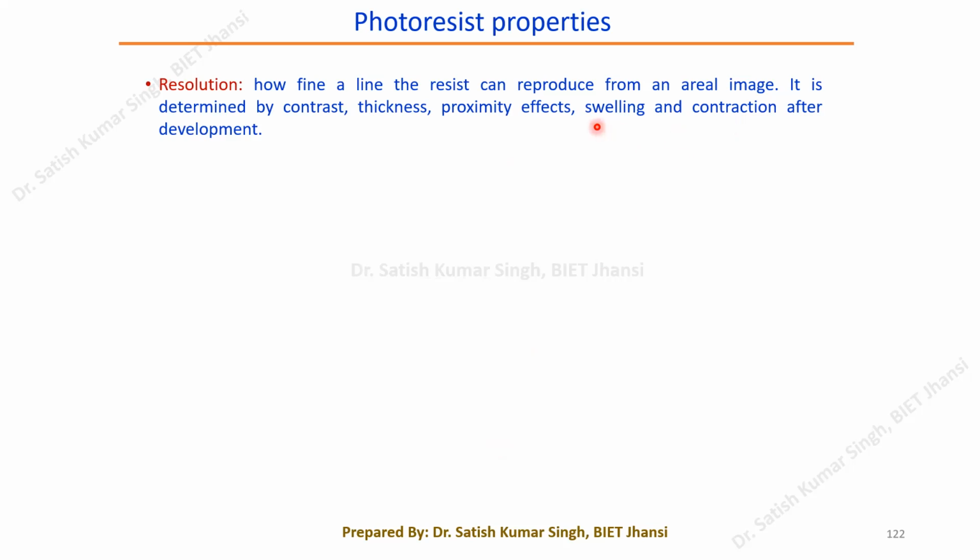This is a very important fact, because proximity effects, like contrast and thickness, will actually be decided by your exposure system, but within the chemical we have a certain swelling or contraction effect after the development, and because of that your resolution may get affected. So we need to have high resolution.